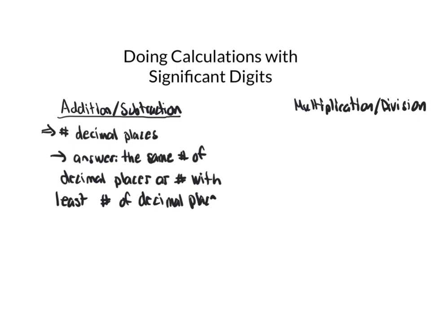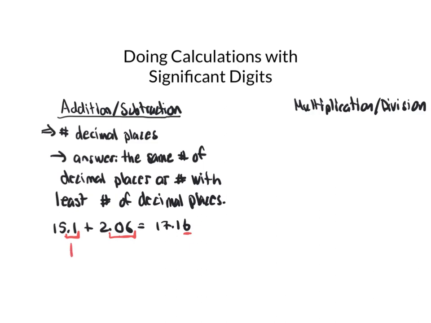So, as an example, if I am going to add 15.1 plus 2.06, my answer would be 17.16, but I am going to round up because this number has one decimal place and this number has two.